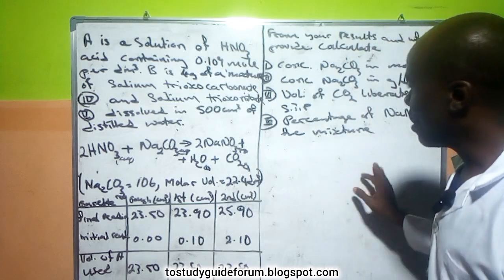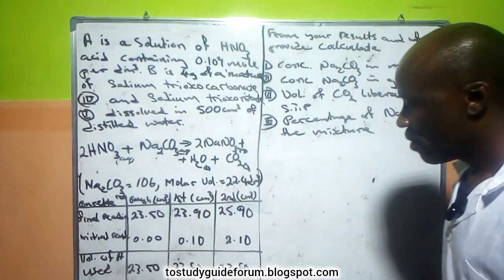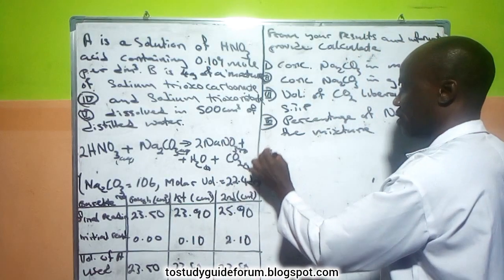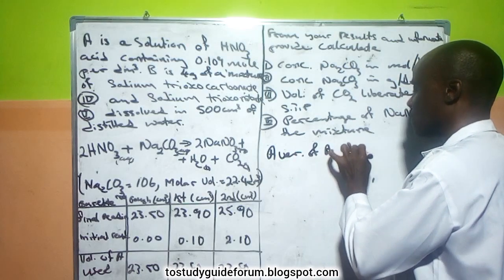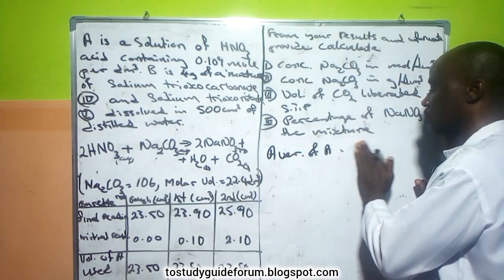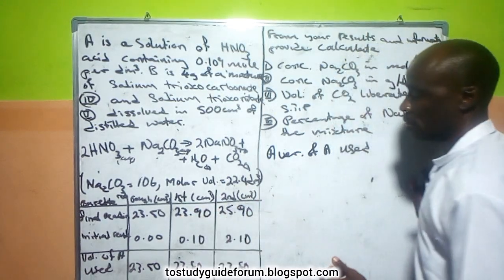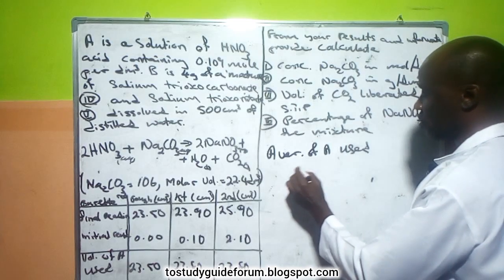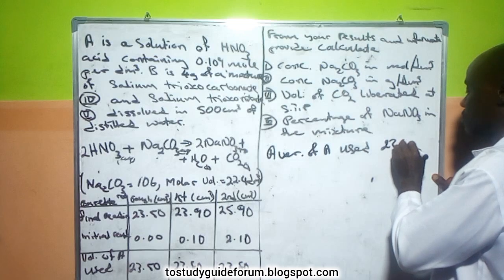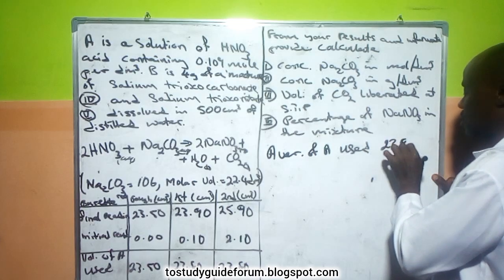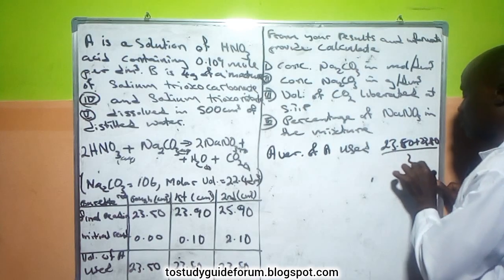So now the first thing we are going to do here is to get the average volume of A used. Average of A used will be, I take the first and second titration. What we have will be 23.80 plus 23.80 all over 2.